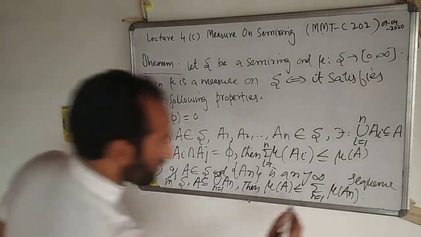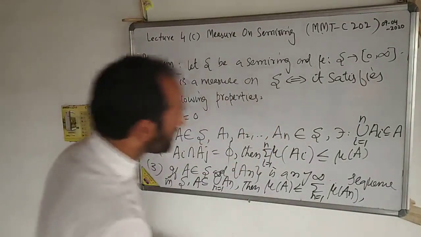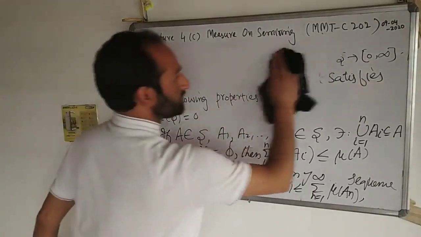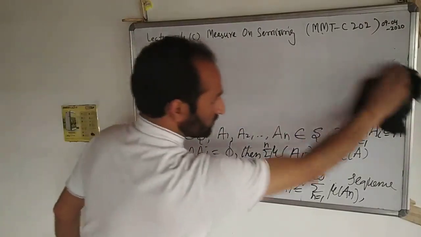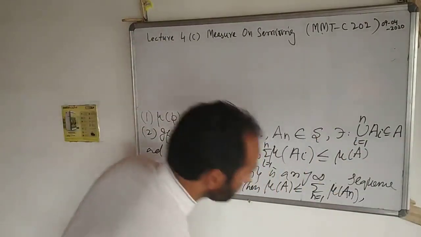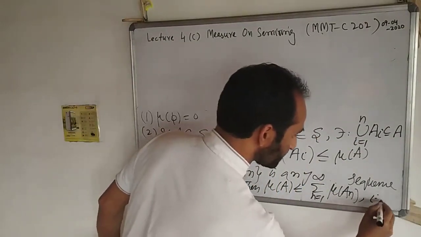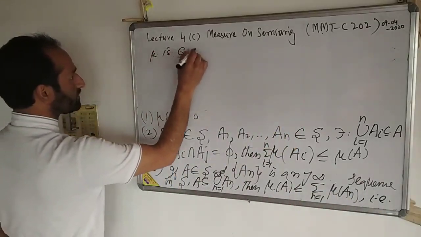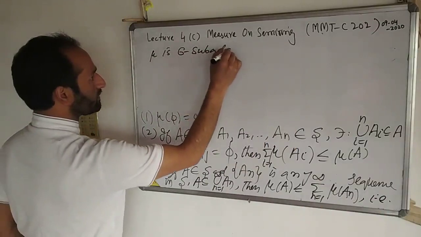This property is called sigma subadditive. So mu is sigma subadditive.